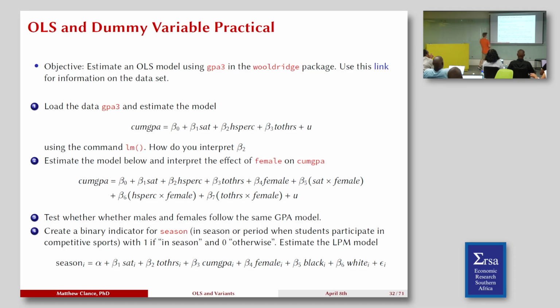Then we want to create a binary indicator from season, which is in the data set, and estimate an LPM model. This is where you put what you've already practiced and what we've done to get a little bit more familiar with R.